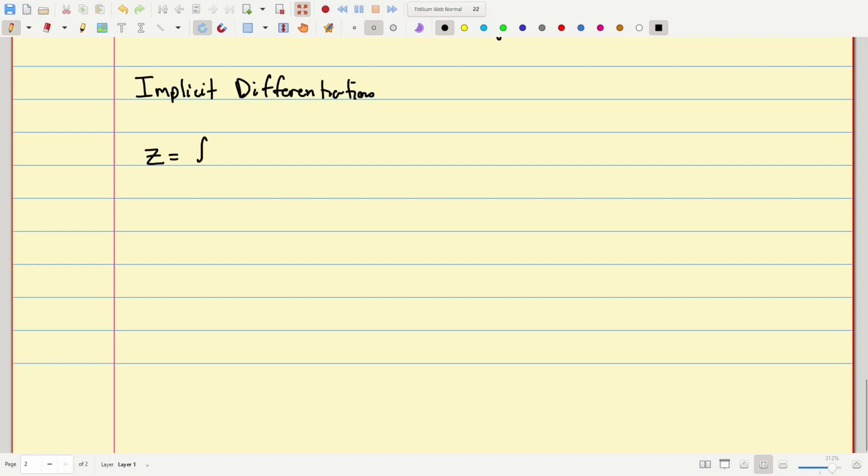Okay, so if we have some surface that is defined by z equals f of x, y, let's think about a level set for z equals k, all right?